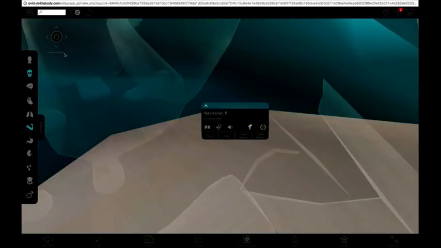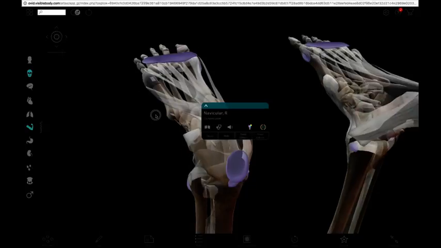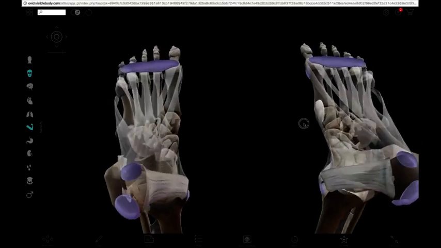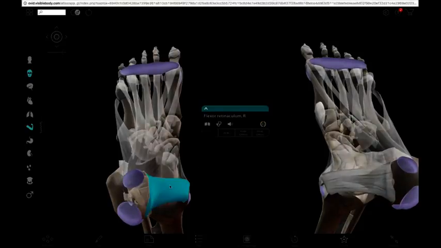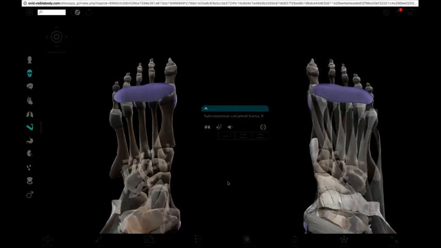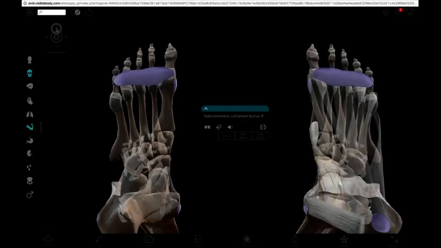Not the view I wanted. Okay, here we go. So let's get rid of these guys. Now we're in good shape. Move this up just a little bit here.